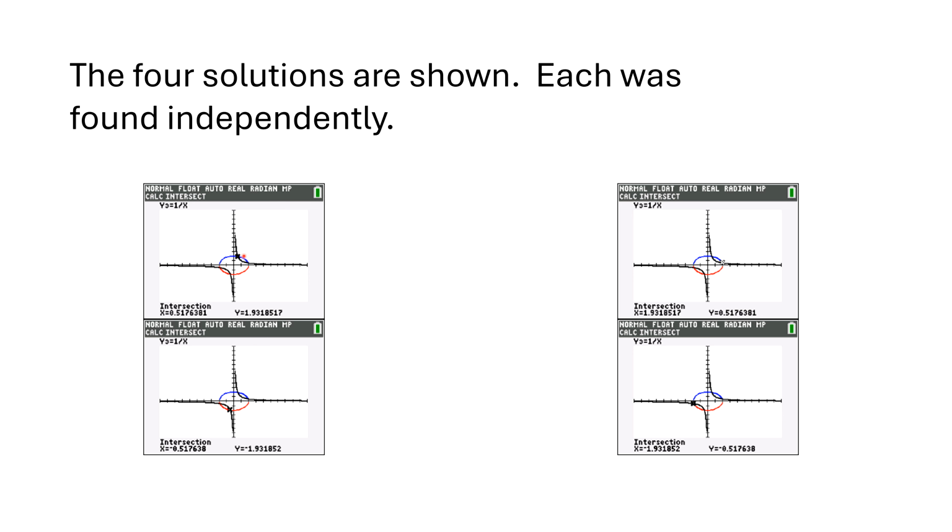Now, here are the four solutions. The first one is going to be right here at x equals 0.5176381, y equals 1.931851.